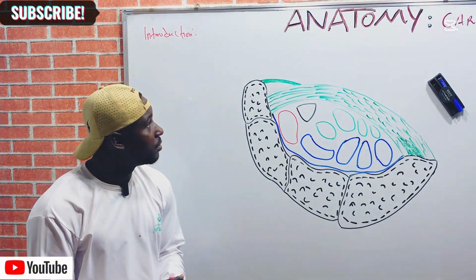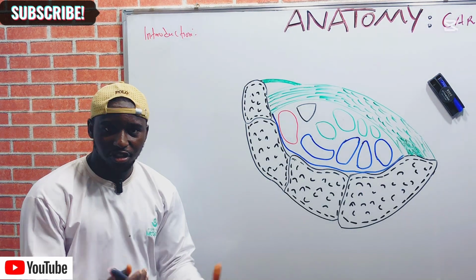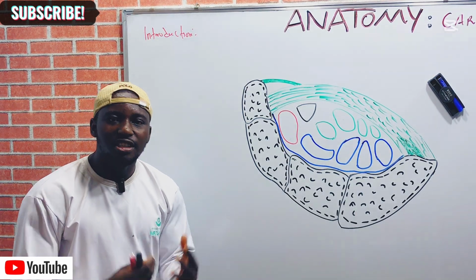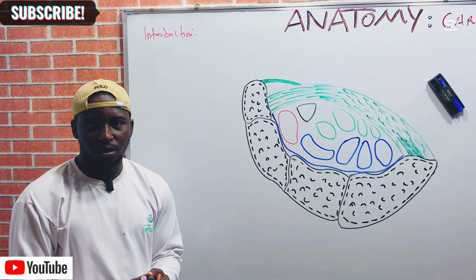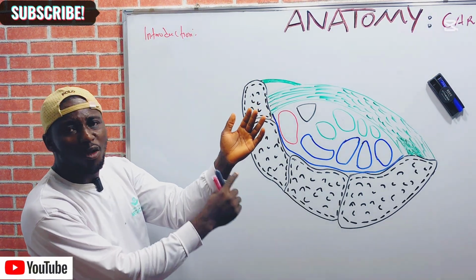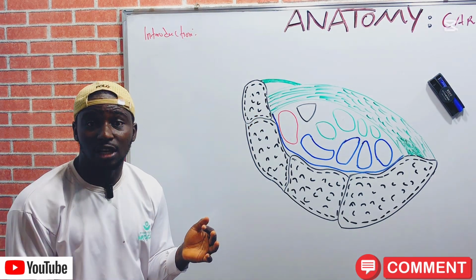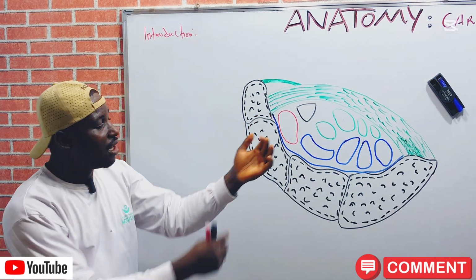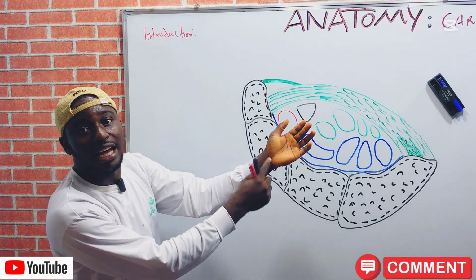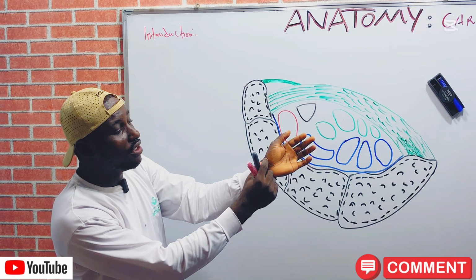So let's proceed. The carpal tunnel, as I've said previously, is a narrow passageway that is located on the anterior aspect of the wrist. If you want to indicate the location of the carpal tunnel, you have to look at the distal crease of the wrist.